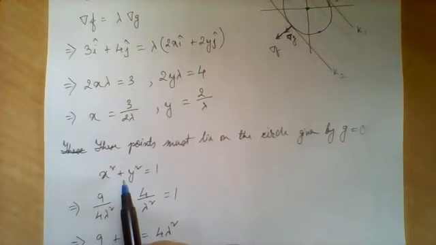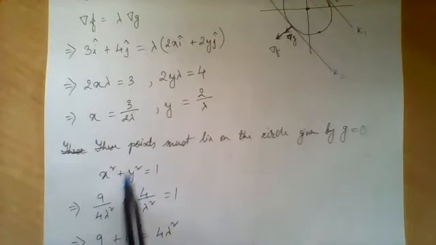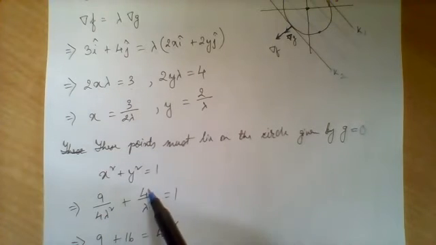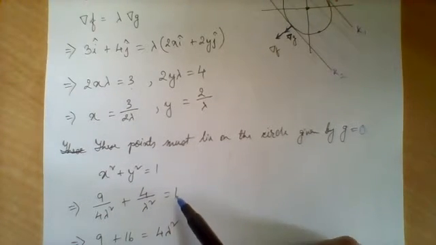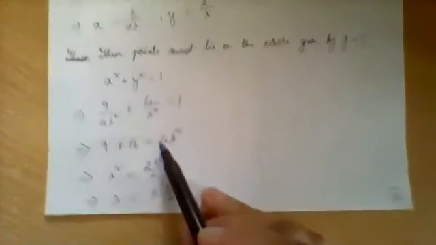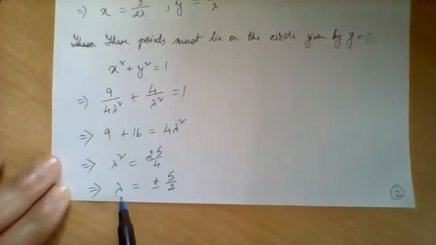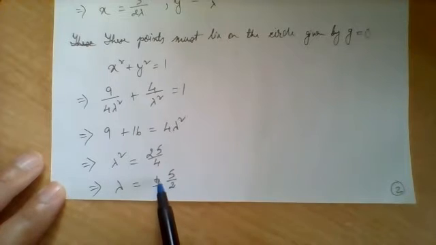So x square plus y square equal to 1. You put x equal to 3 by 2 lambda, so you get 9 by 4 lambda square. Y equal to 2 by lambda, so you get 4 by lambda square, equal to 1. From this, you solve for lambda, and you get two values of lambda. Lambda can be plus 5 by 2 and minus 5 by 2.